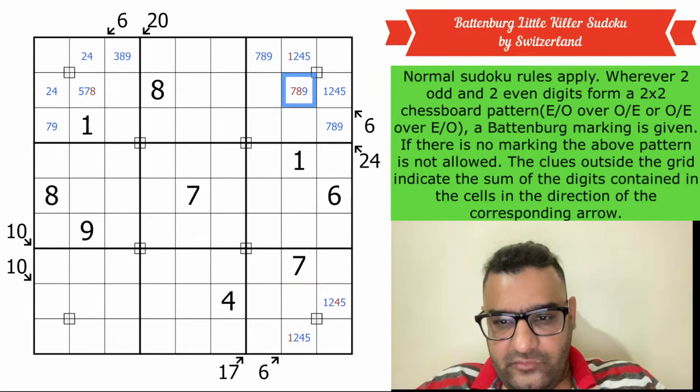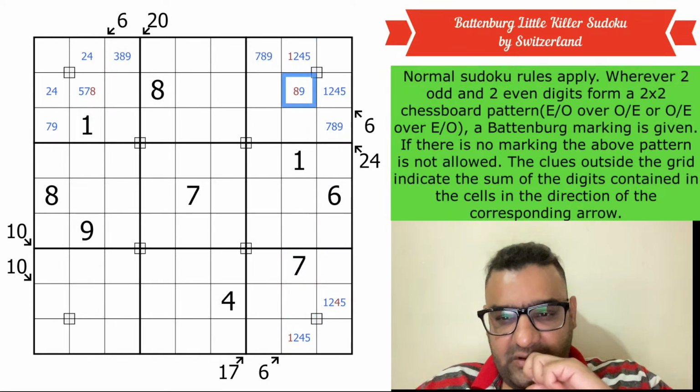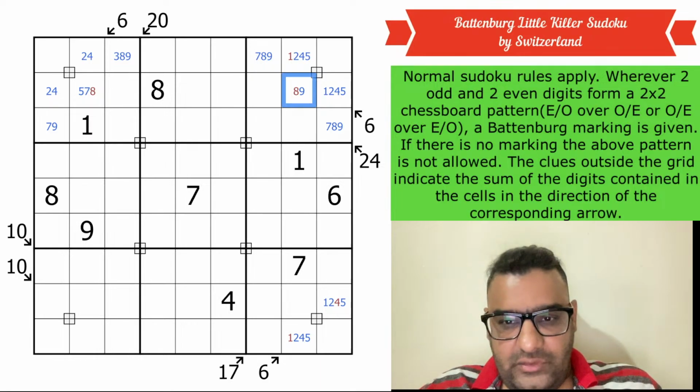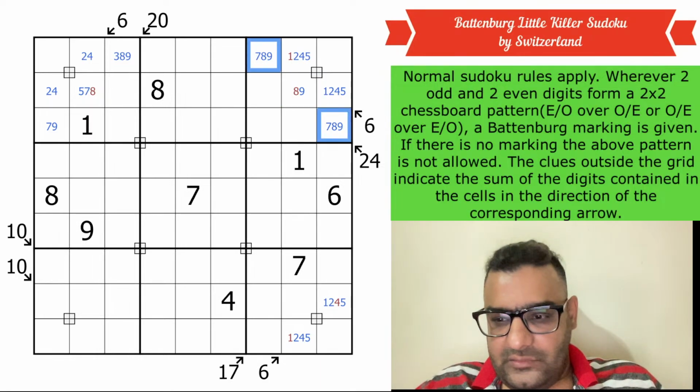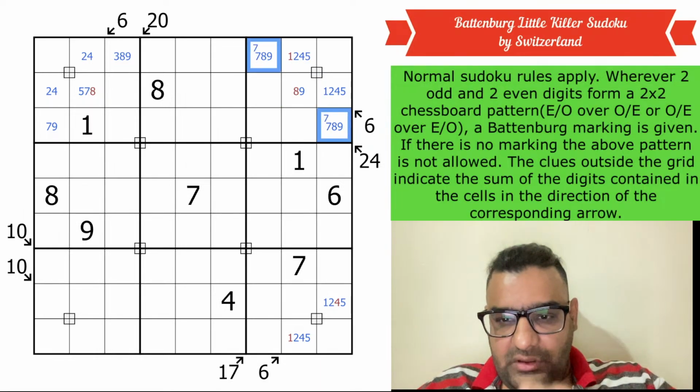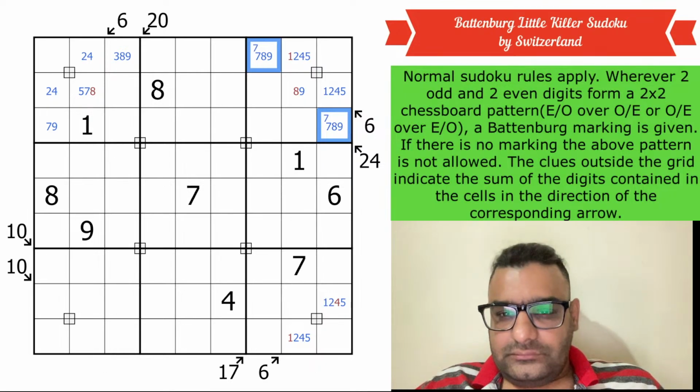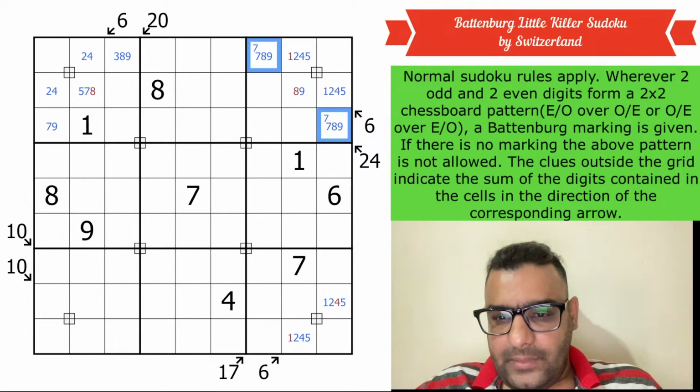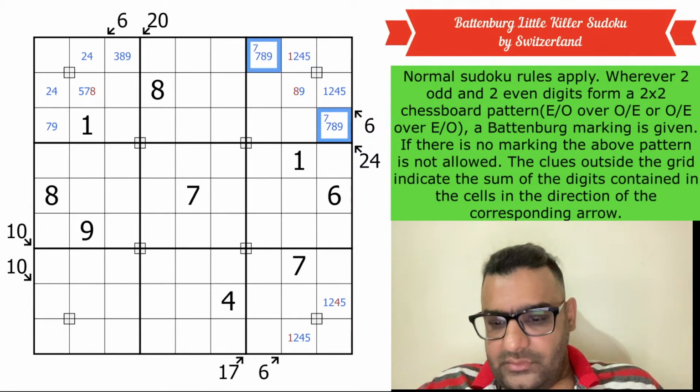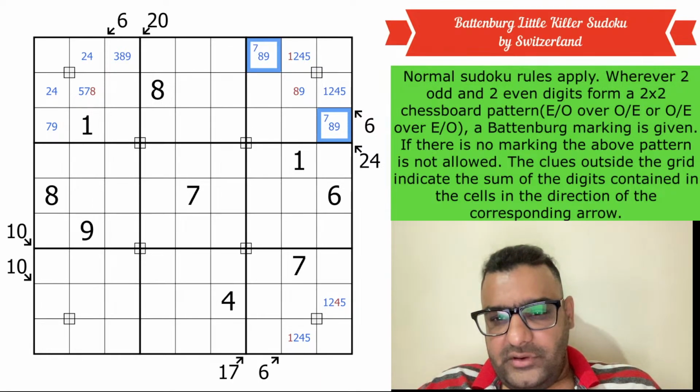So we remove 7 from here. So we already know 7 is here. And 7 cannot be here. So this word is 7, 8, and 9.